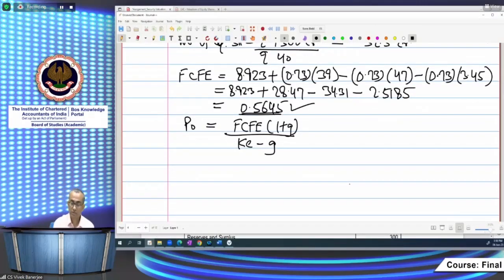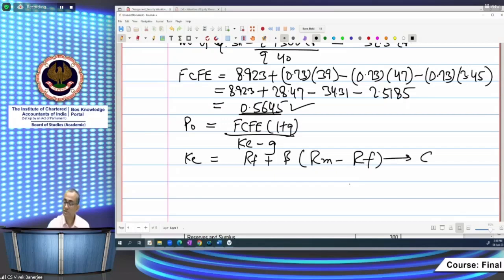KE will be calculated with the help of the CAPM model, which is RF plus beta into RM minus RF.